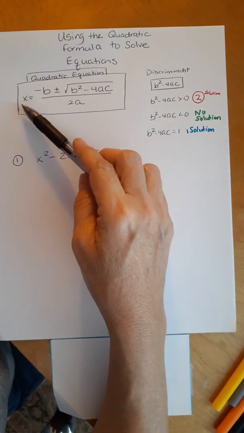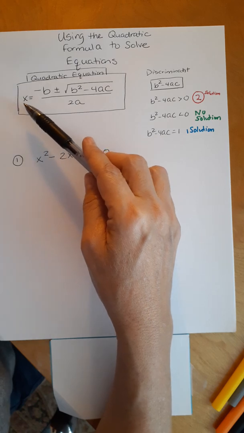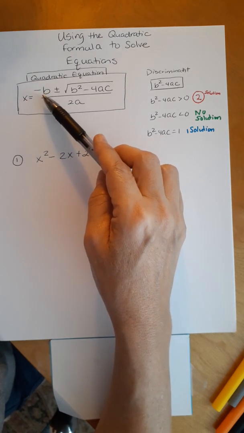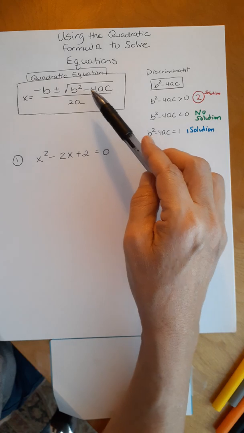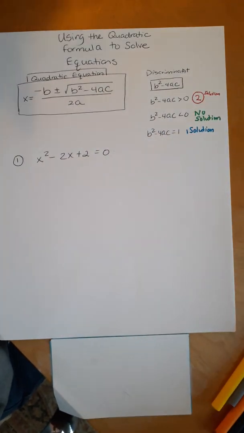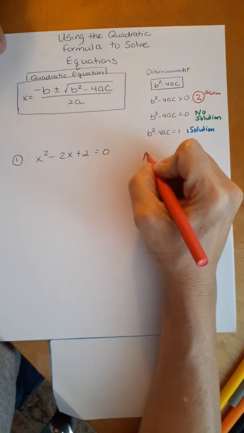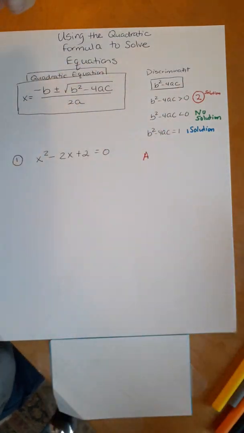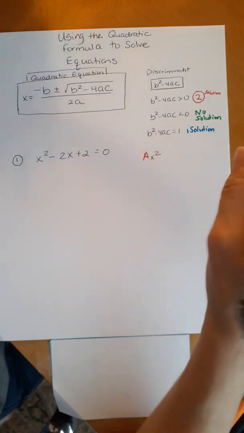X, whatever your answer may be, whatever it equals, negative b, and these a, b's, and c's that you see here are from, let me write it down here so you get an idea. A x squared, right?